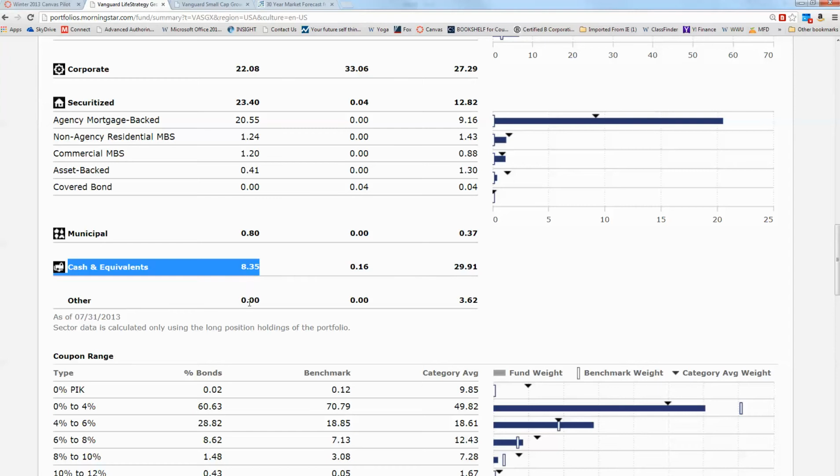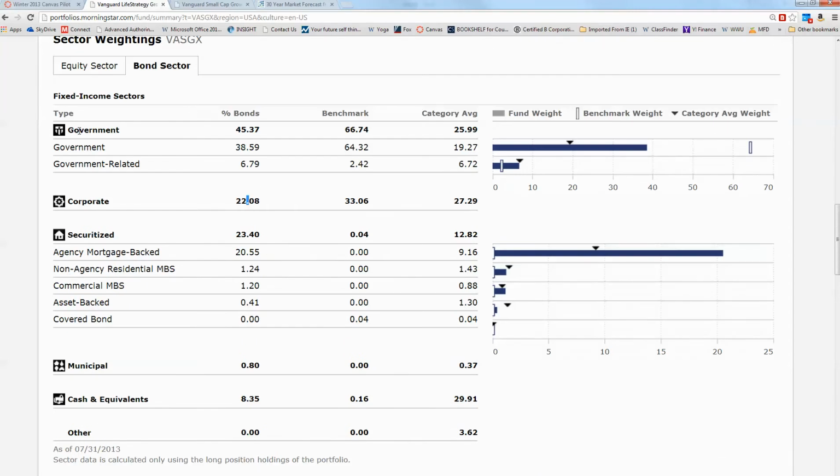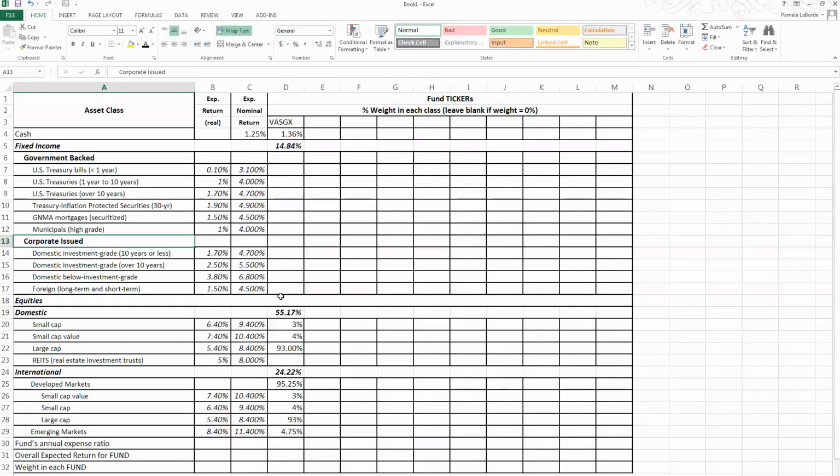So what I'm going to do now is just input these bolded percentages from the website. First I'm going to do the corporate issued. They had 22.08% in the corporate issued.